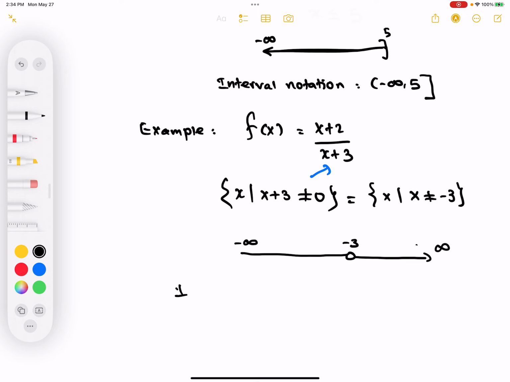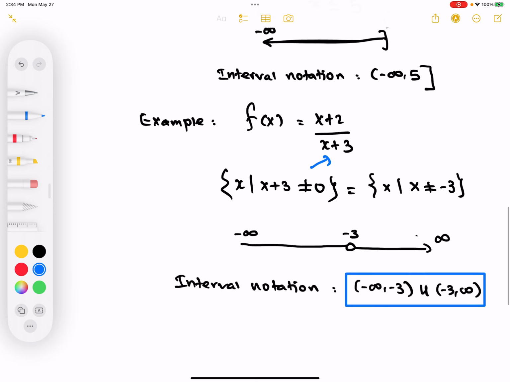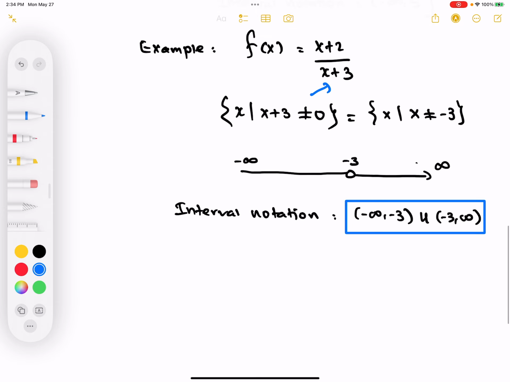So the interval notation is from negative infinity to negative 3, union, from negative 3 to infinity. That is the interval notation. In the question, you will be asked to specify your domain in terms of interval notation.